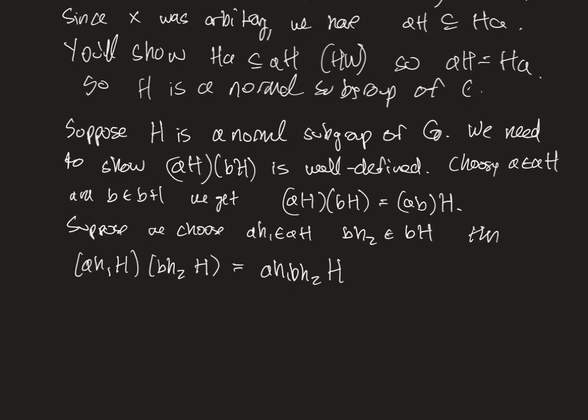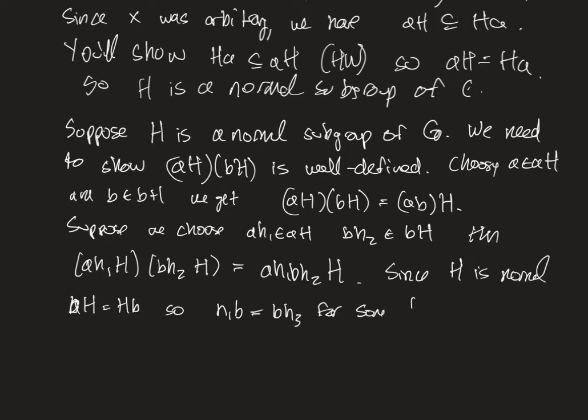So we need to show that, and it follows from the fact that H is normal. So since H is normal, I'm going to use this for b, bH equals Hb, so h1b is equal to bh3 for some h3 in H.